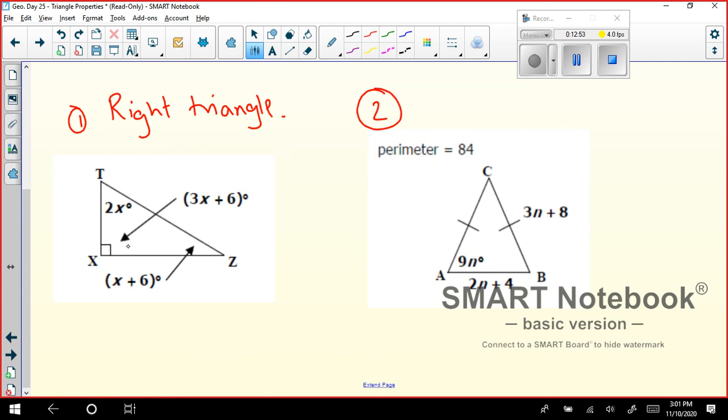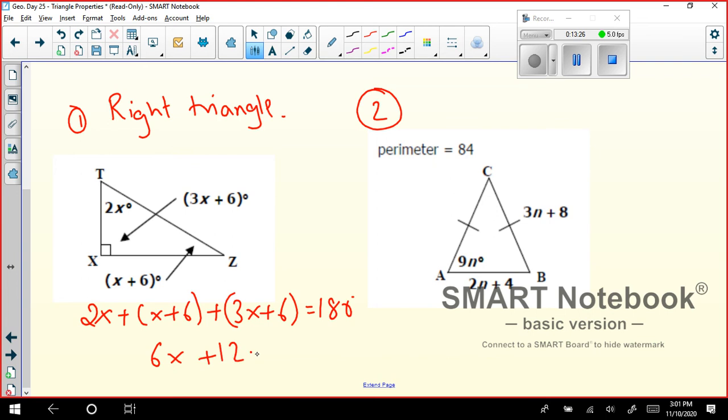And to solve for x, the sum of angles in a triangle is 180 degrees, so I can use the triangle sum theorem and have 2x plus x plus 6 plus 3x plus 6 equals 180 degrees. So further, take all the variables together. 2x plus x is 3x, 3x plus 3x is 6x, and 6 plus 6 is 12, equals 180.